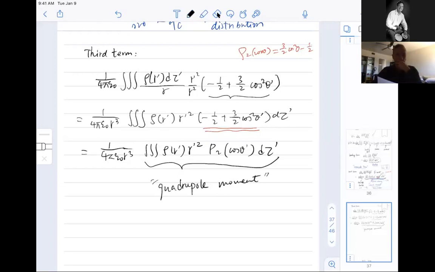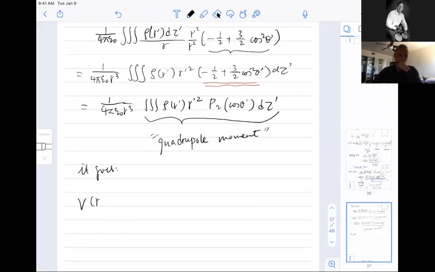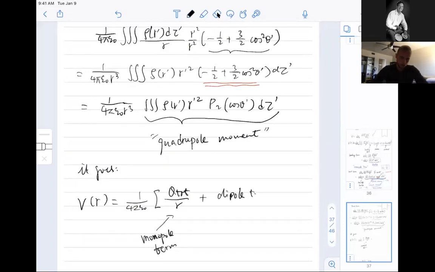Okay. So you can see that for whatever potential, it goes like this. Multipole expansion is Q total over R. Simply, this is a monopole moment, a monopole term, the potential due to a net charge, plus the dipole, second term, over R squared, plus the quadrupole term, over R cubed.